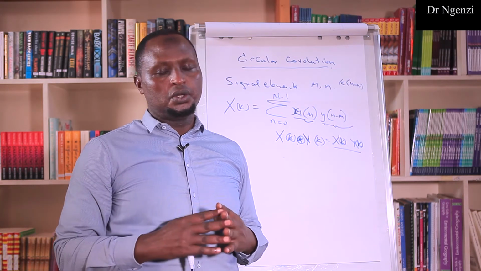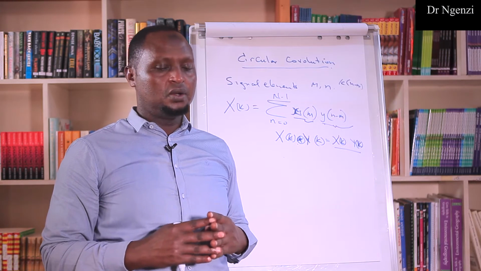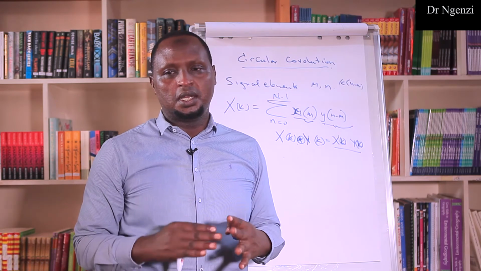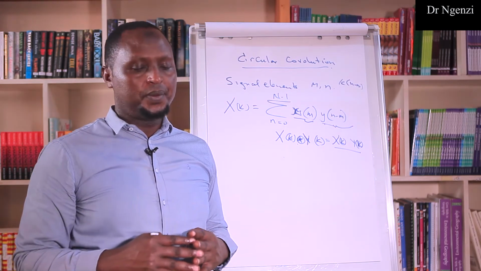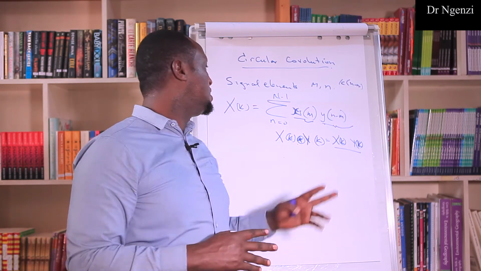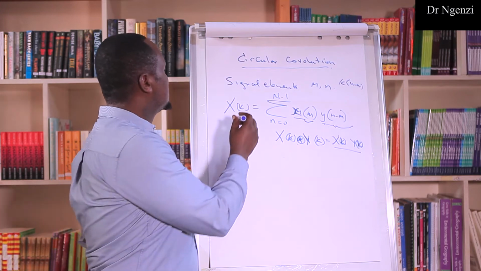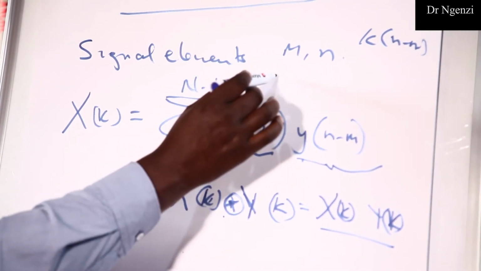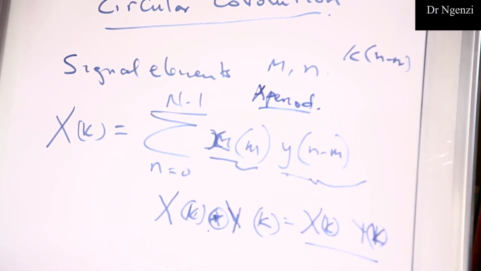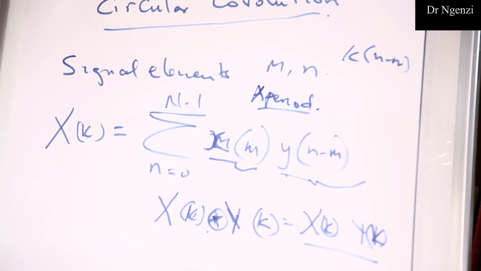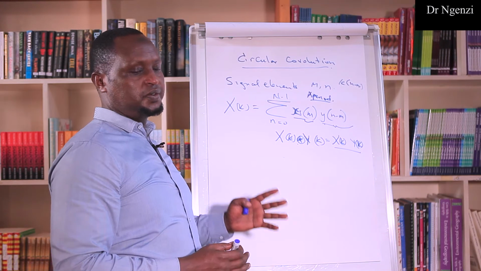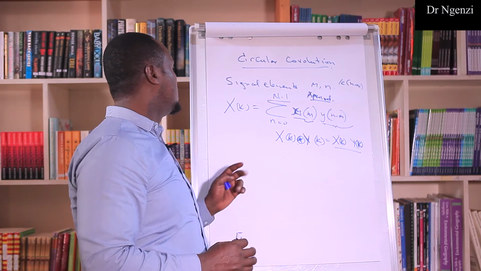We also discussed the aperiodic signal, which doesn't follow any rhythmic change, so the change doesn't matter where it begins from. You can see it doesn't follow any order. But for a periodic signal, you can also obtain a different convolution sum.